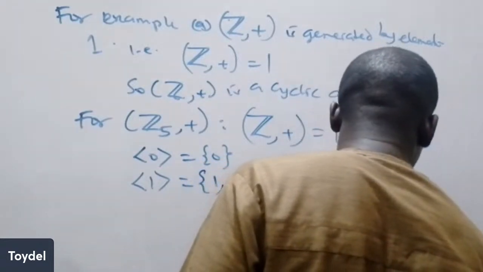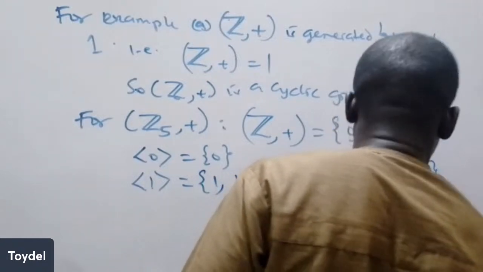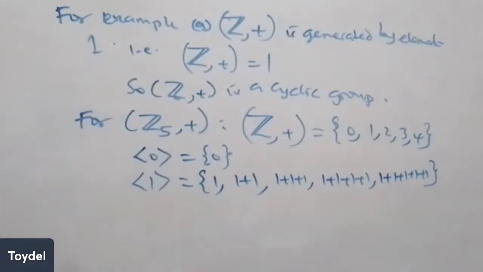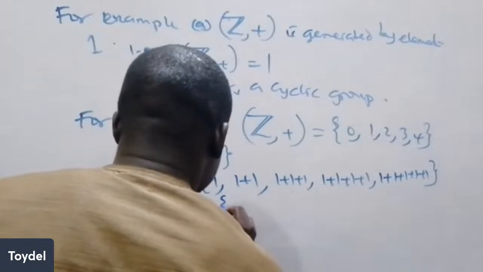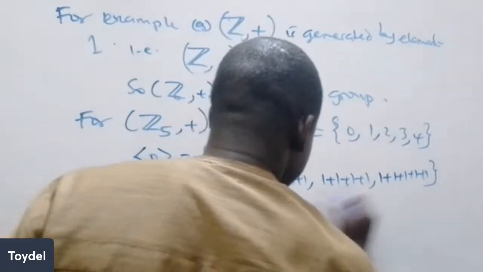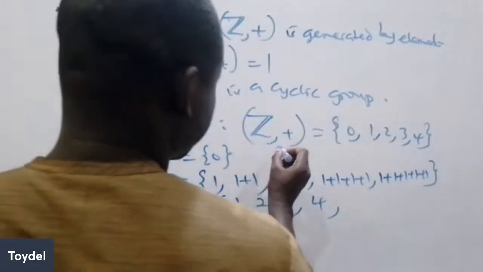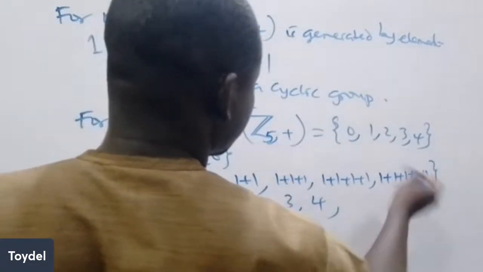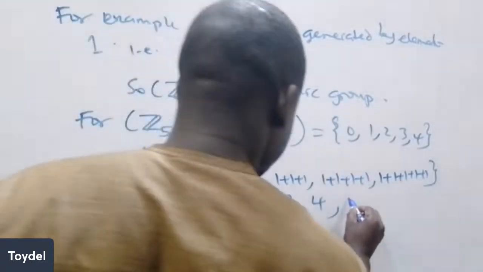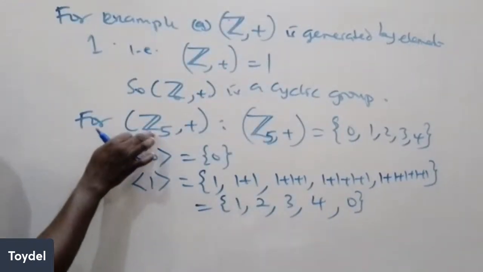At the end of the day, that one is going to give us 0, because we can't get any answer greater than 4 in the elements. So this gives us 1; 1 plus 1 is 2; this is 3; this is 4. Here is 5, but we are under Z5, so 5 in Z5 gives 0.